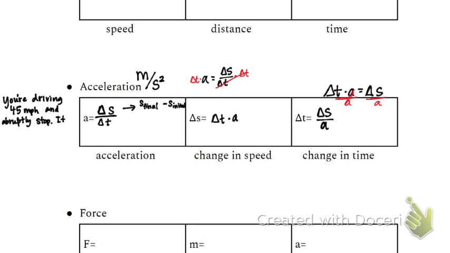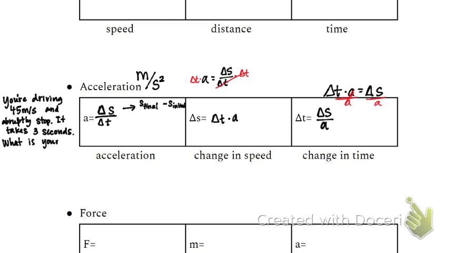Let's change this, not miles per hour. Let's do meters per second. Say it takes 3 seconds to stop. What is your acceleration?